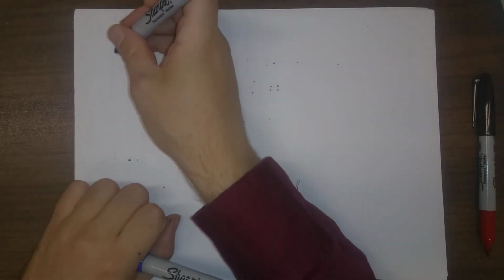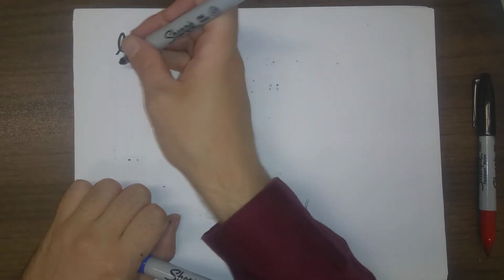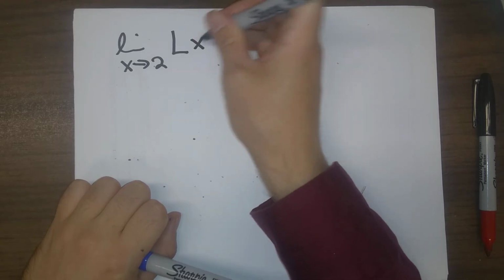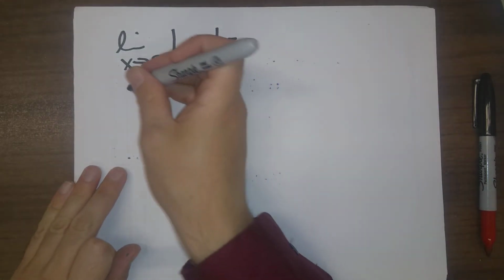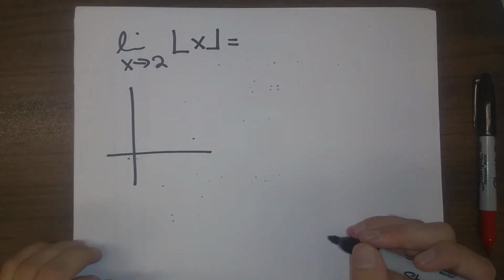And then it's also worth, as one final example, saying you can't always use this. So if we were to ask about the limit as x goes to 2 of the floor function of x, let's just remember what the floor function looks like. You basically always round down.